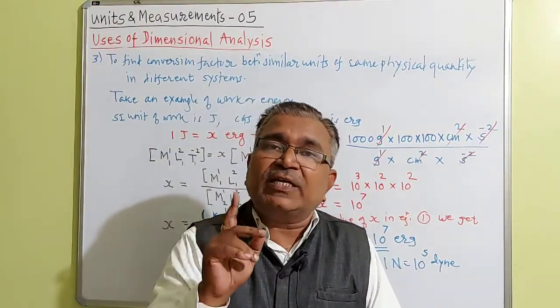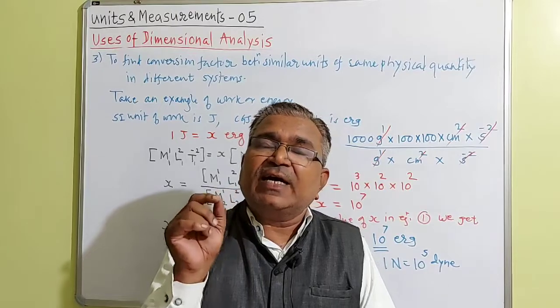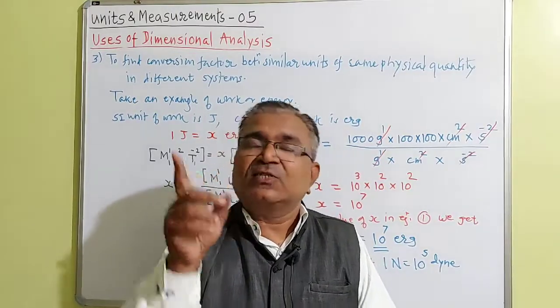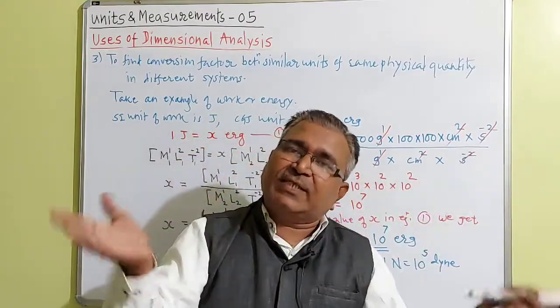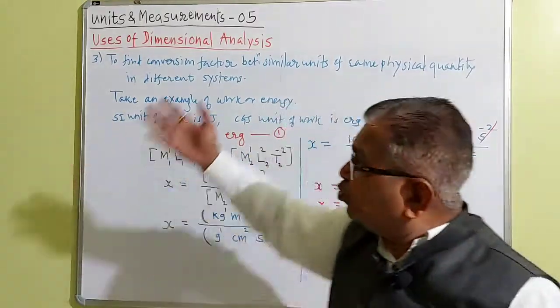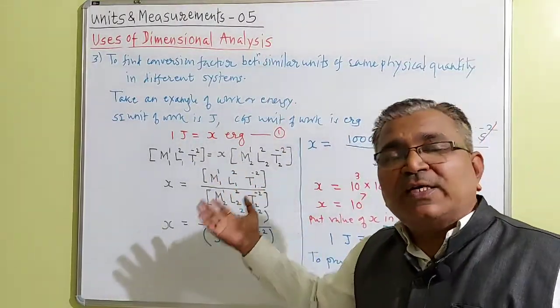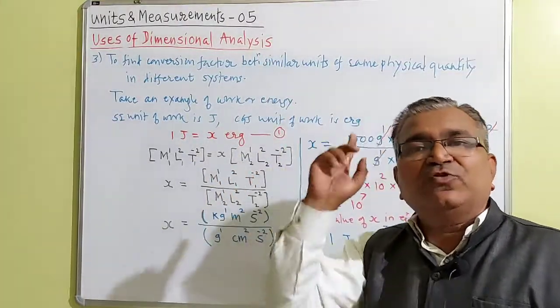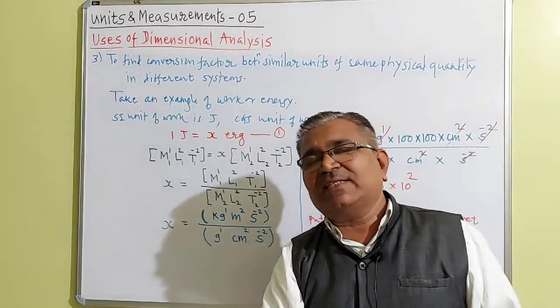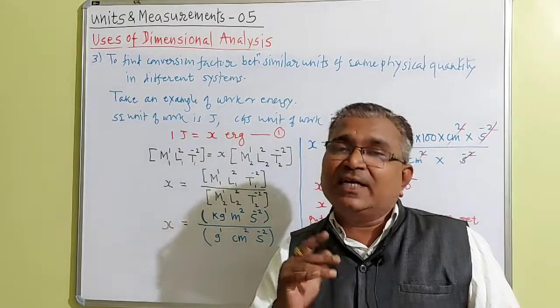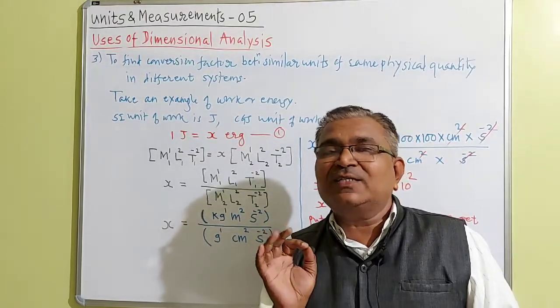We have to think that Newton and dyne are units of force. So write down the dimension of force on both sides and do similar things that I have already done on the board, and you will get the conversion factor equal to 10 raised to 5.